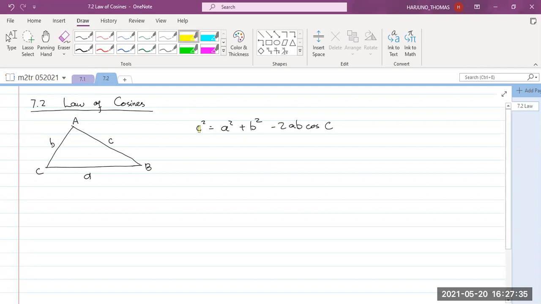Now, you see that side C is the opposite of angle C. Okay, that's the statement.